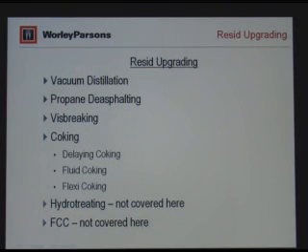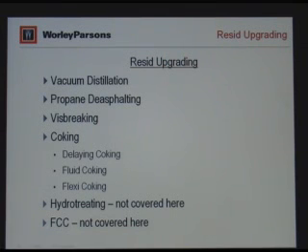So basically, as far as background, that's the background on gasoline and diesel. So the real meat of the topic here is upgrading the resid. But obviously, we have to upgrade it to something that we can sell, something that has the right kind of properties. Now, the first process is vacuum distillation.